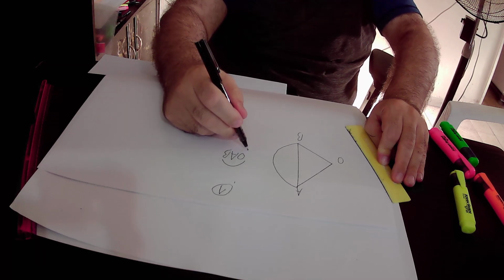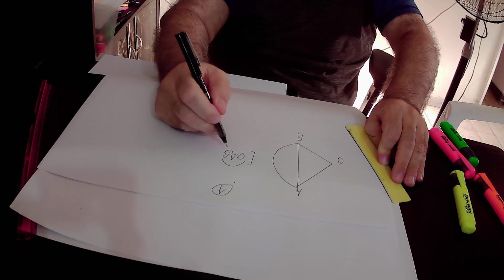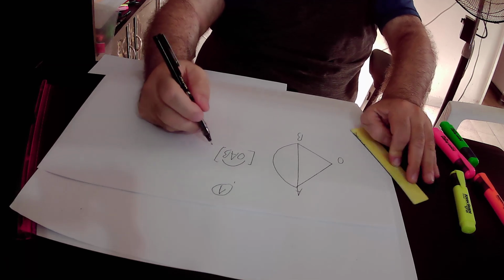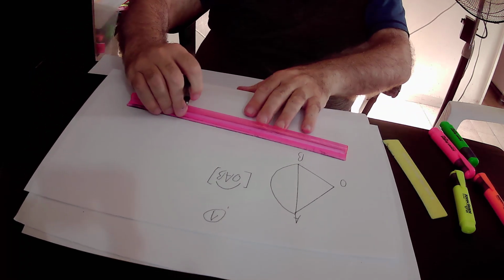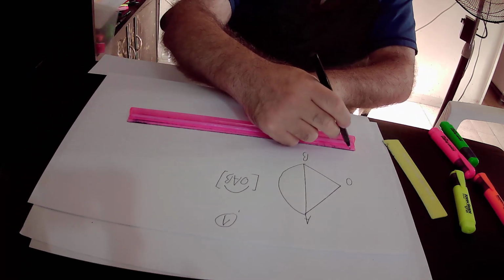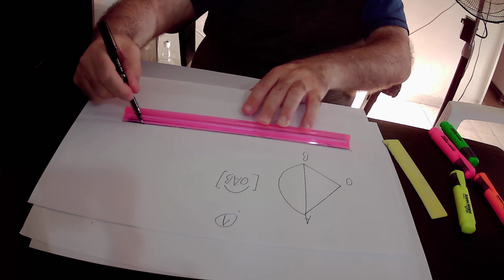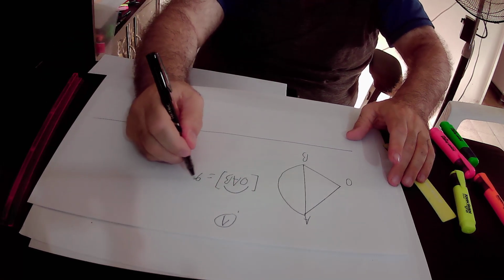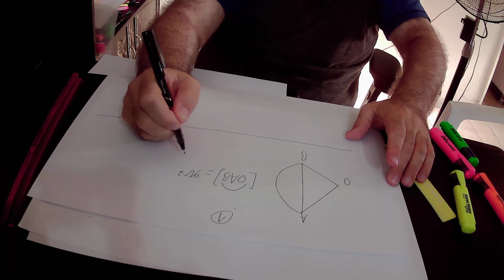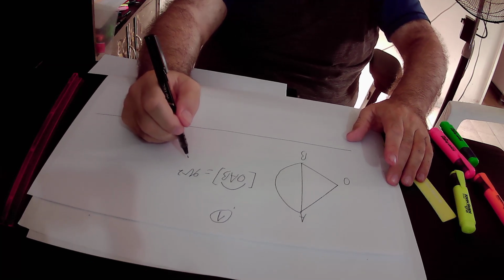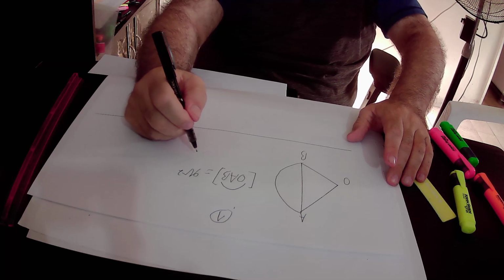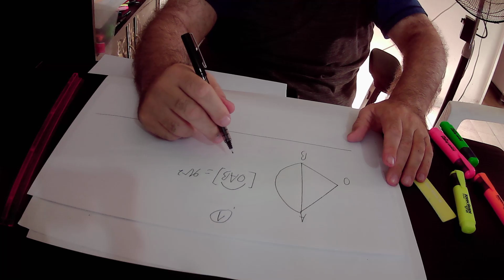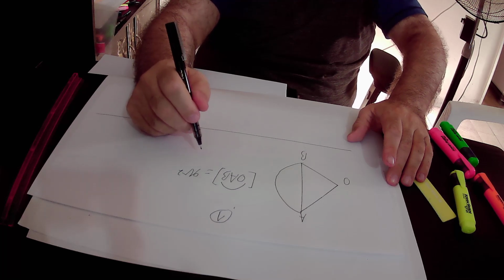And the area of this sector, sector OAB, will be equal to pi r squared. It is actually the area of the circle that contains the sector. R is the radius of the circle that contains sector AOB.